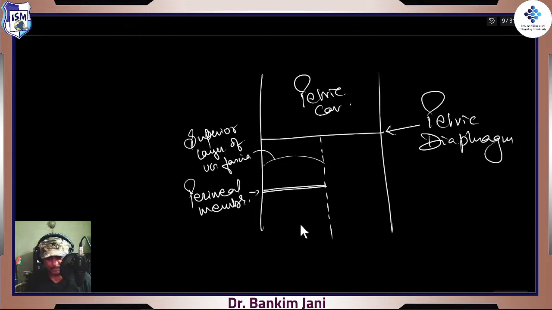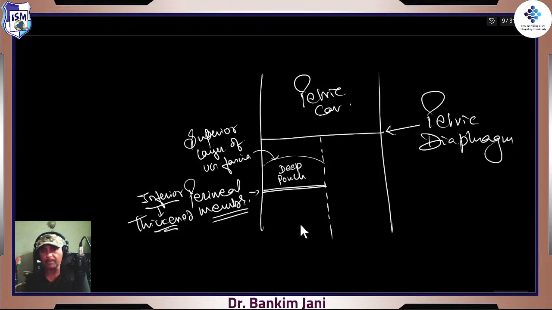This is superior, and this perineal membrane is the inferior layer. But because this inferior layer is thickened, it has got a new name, and that is perineal membrane. The space in between is now called the deep pouch, or the deep perineal pouch.